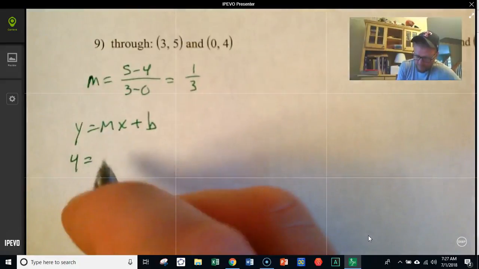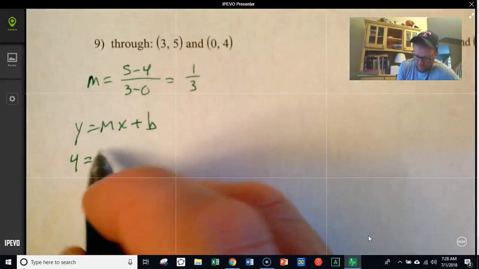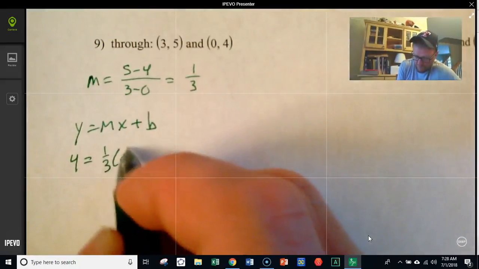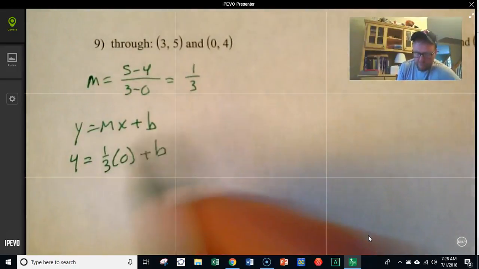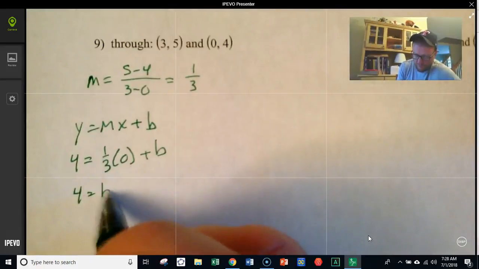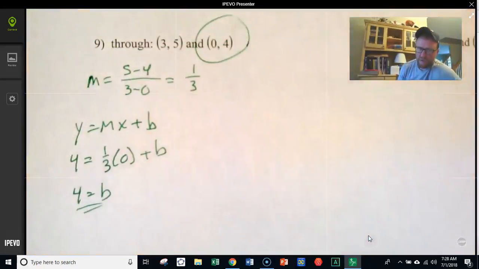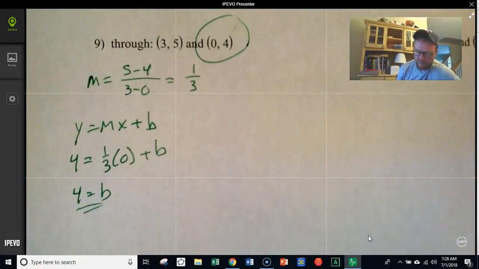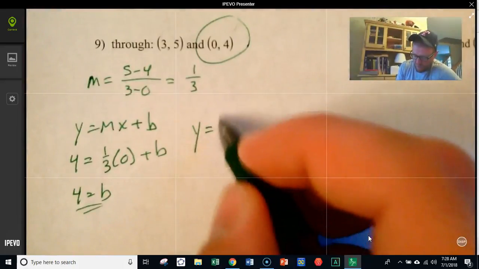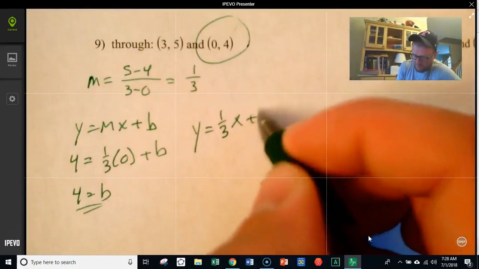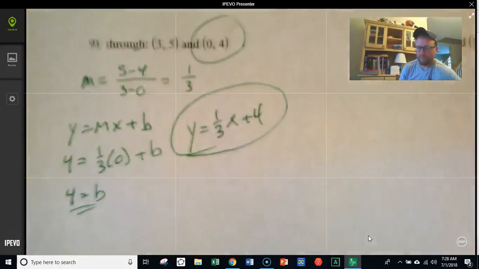So 4 equals, let's see, 1/3 times 0 plus b. 1/3 times 0 is 0. 4 equals b. Notice that point there actually is the y-intercept, so you could actually save yourself these calculations. I hope you notice that pattern. All right, so let's see. So our equation is y equals 1/3 x plus 4.